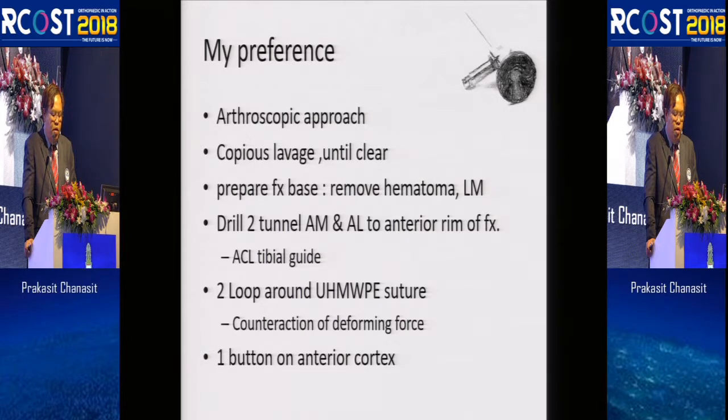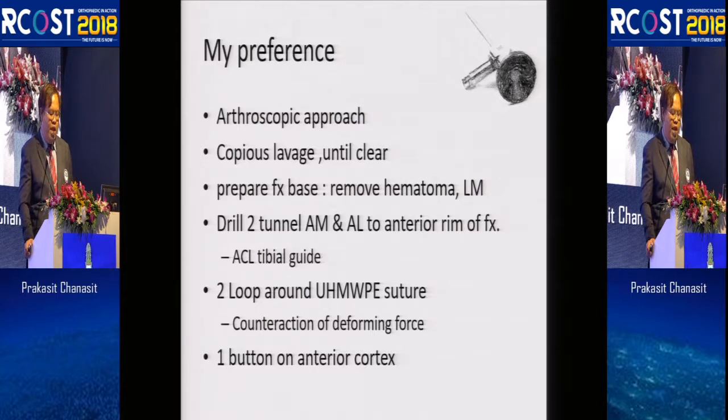Drill 2 tunnels, anteromedial and anterolateral to the anterior limb of the fracture, with the ACL tibial guide, ACL jig, and 2 loops of ultra high molecular weight polyethylene suture to counteract the deforming force of the ACL, and 1 button on the anterior cortex.